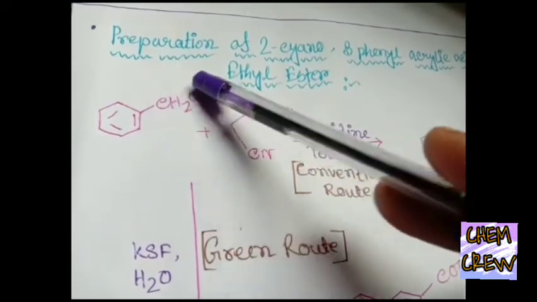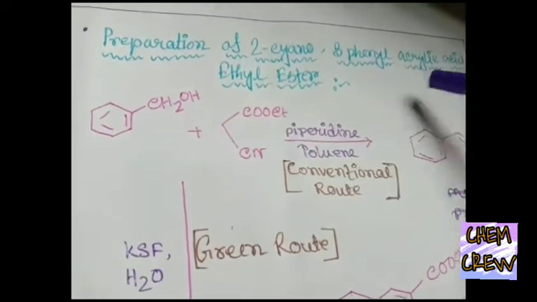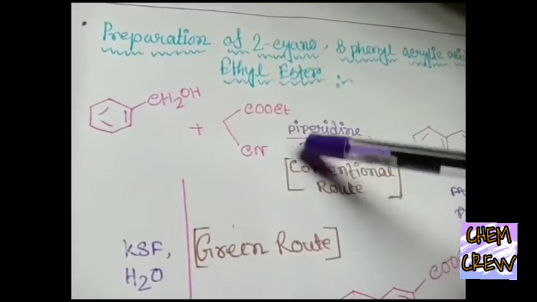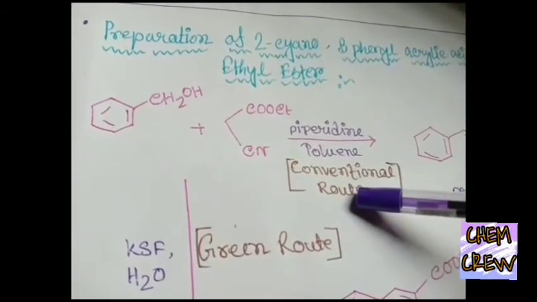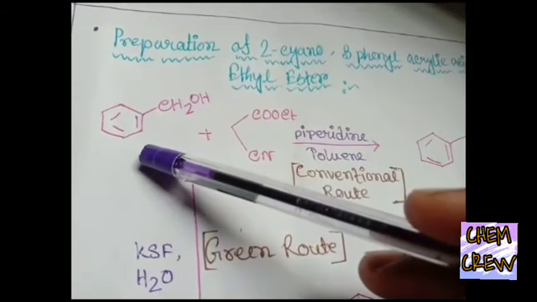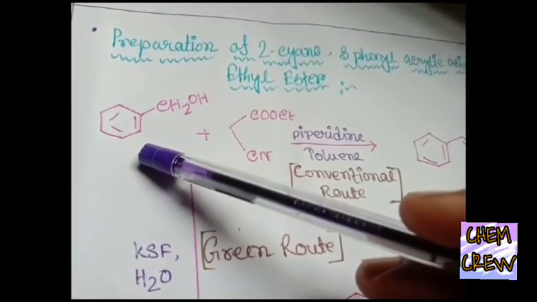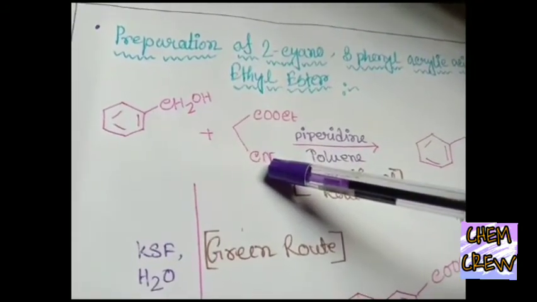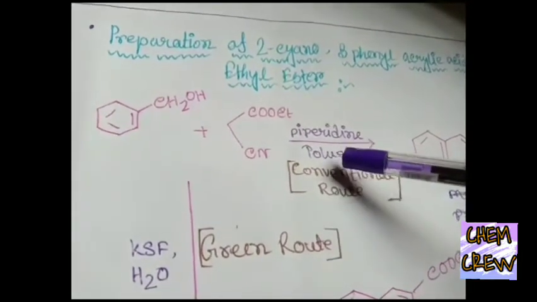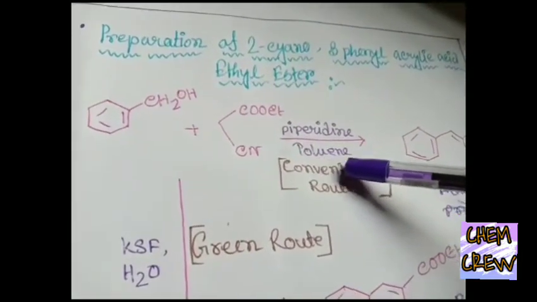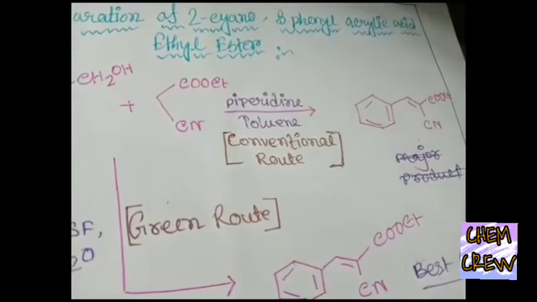Third, the preparation of 2-cyano-3-phenyl acrylic acid ethyl ester. In the conventional route, we take benzaldehyde and treat it with this reactant in the presence of piperidine and toluene, and we get this product.